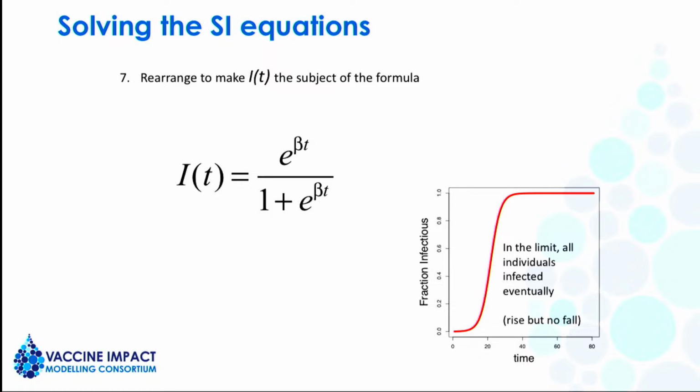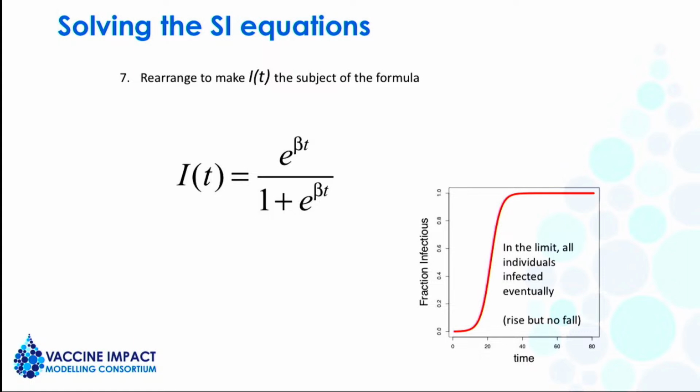So we've got our coupled differential equations. Because we're assuming everyone in the population is either susceptible or infected, we can essentially solve one of those equations. And once we've done some integration, some rearranging, we get an equation for I as a function of t. So what does that look like?